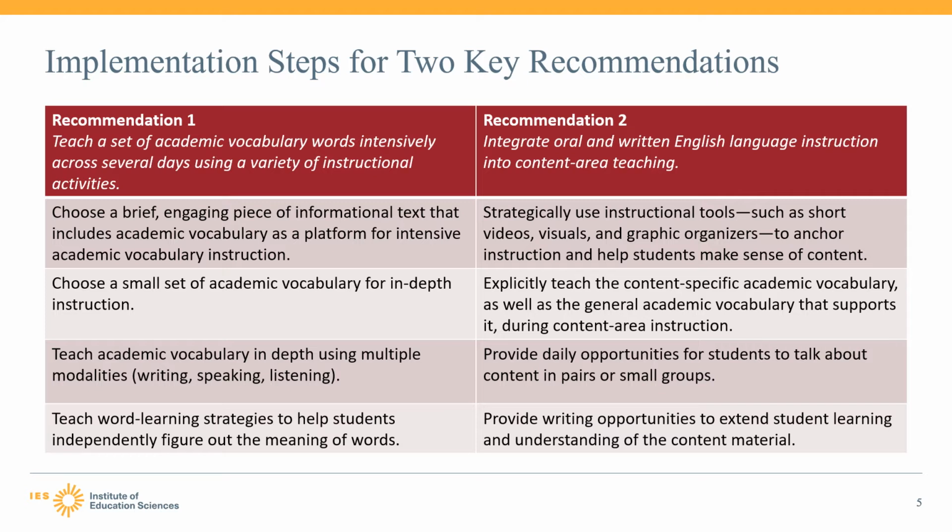The third implementation step talks about providing daily opportunities for students to talk about content in pairs or small groups. So this is oral language practice emphasis. And then provide writing opportunities to extend student learning and understanding of the content material.